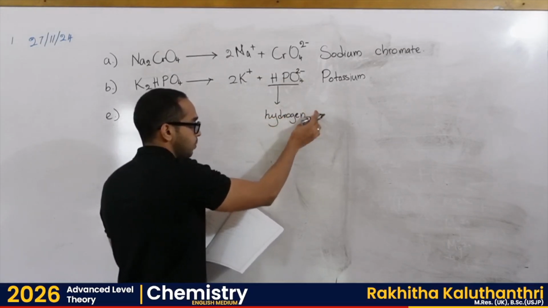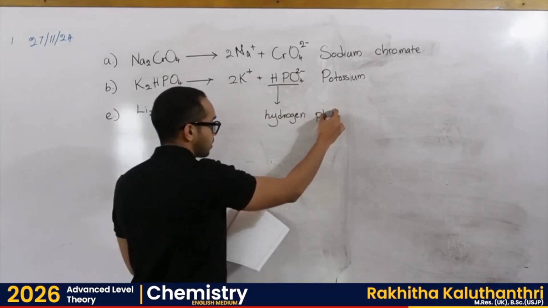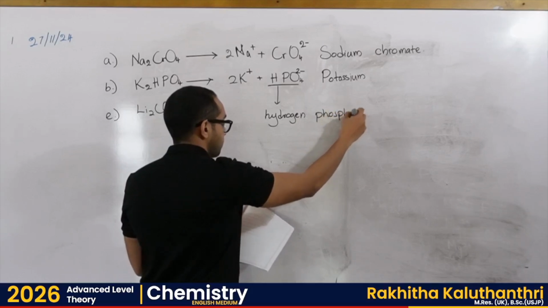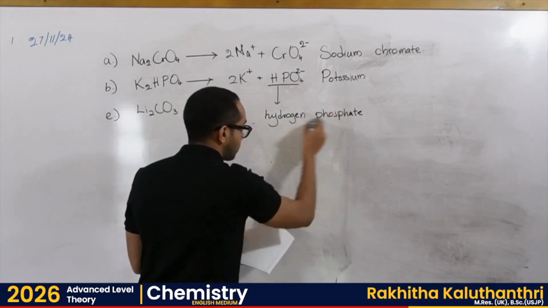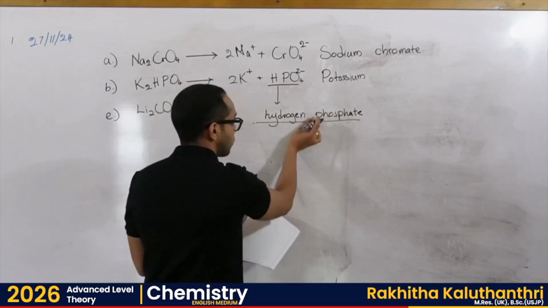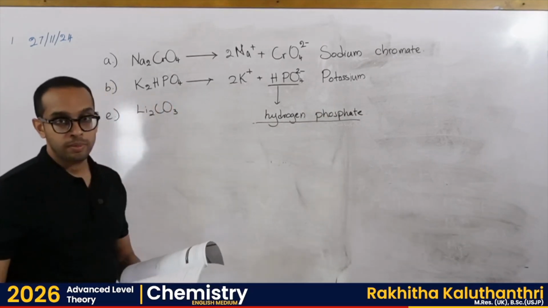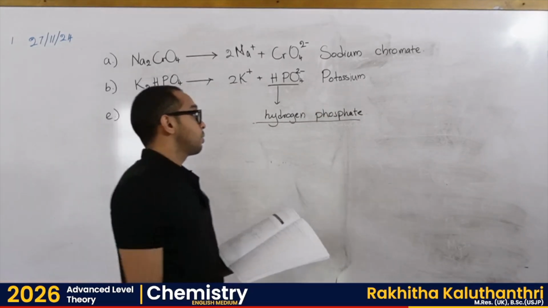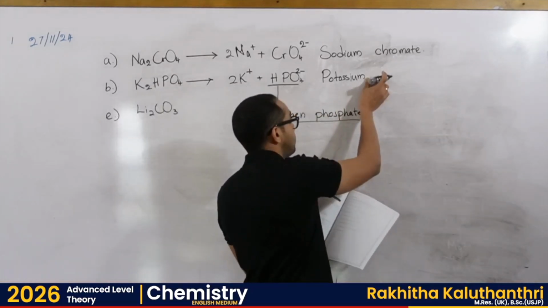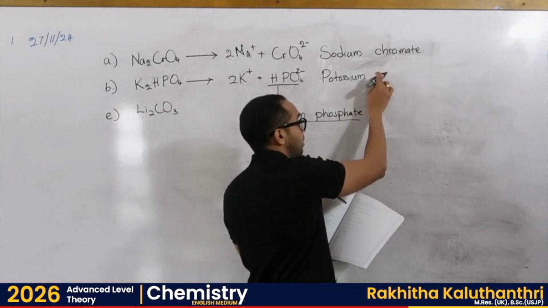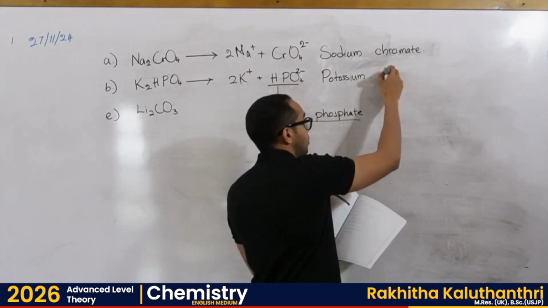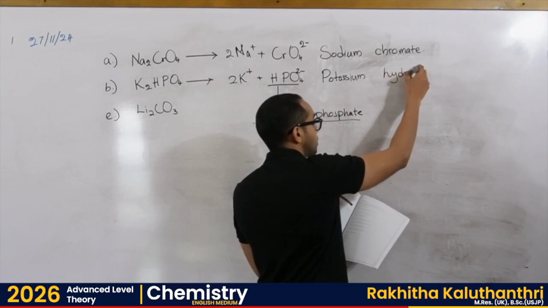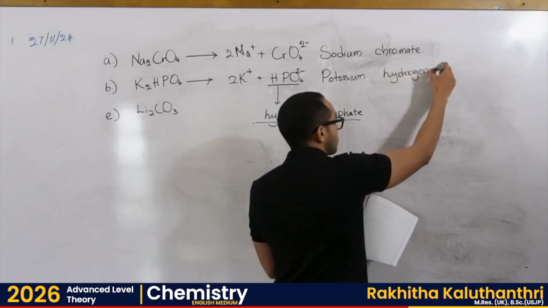That name itself has a small space in the middle, something to keep in mind. So you have to write potassium, then leave a space and then start the name of the anion. The name of the anion is hydrogen phosphate.